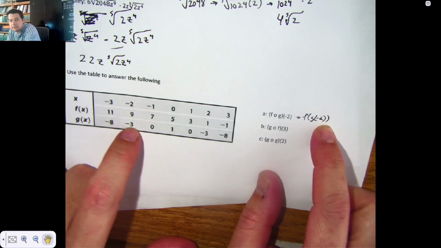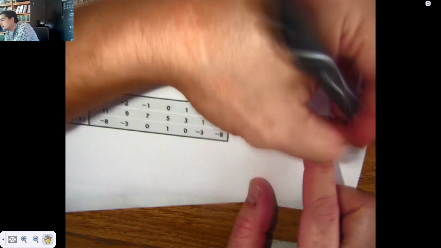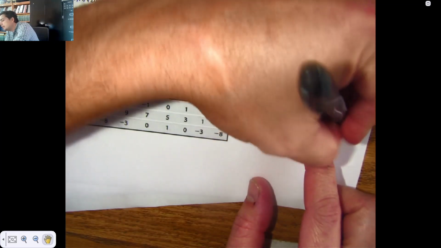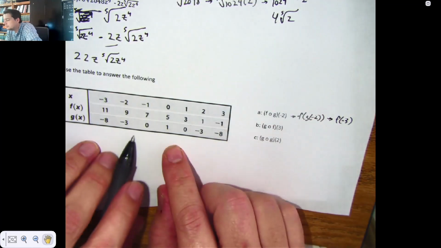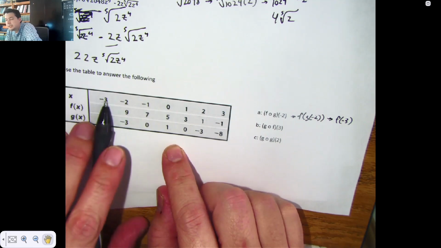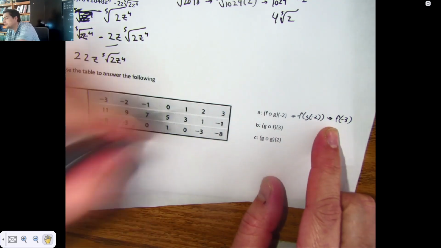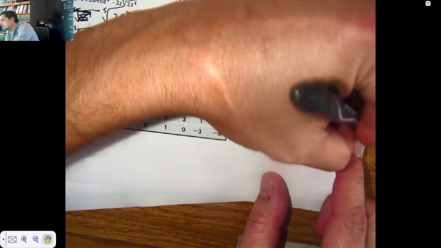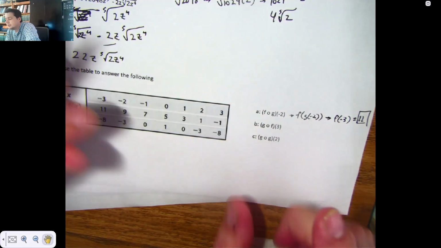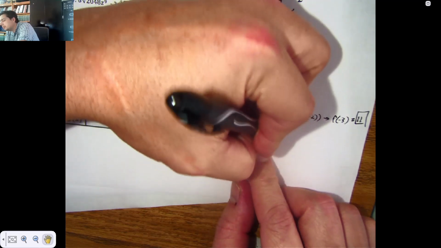It's -3. Becomes f of -3. So now I go to where the table is -3, and I'm looking at function f, and it's 11. Final answer.